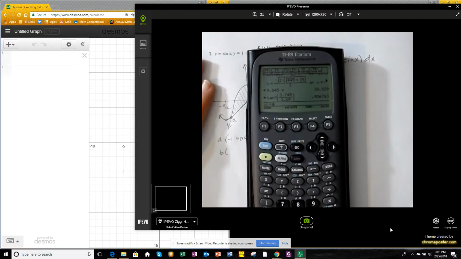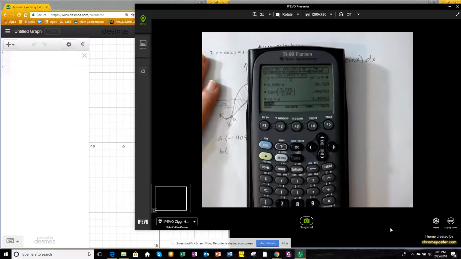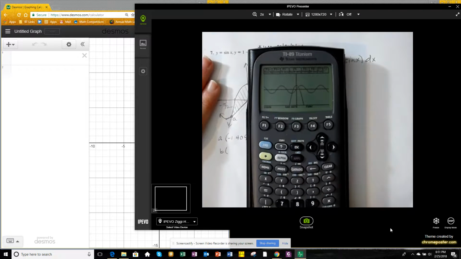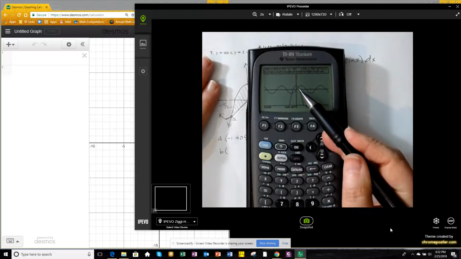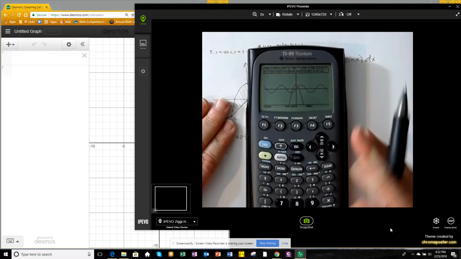Okay, so now I have the x value stored in alpha a. Now I'm going to go back to the graph and find this intersection point and store the xc into alpha b, so we can have a rounded answer, which would be very good.